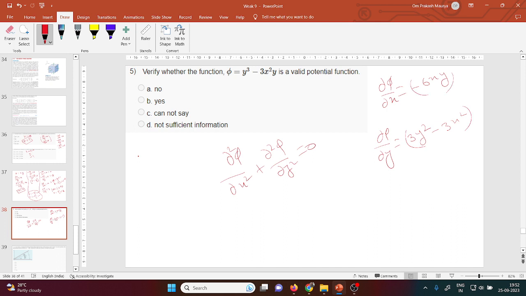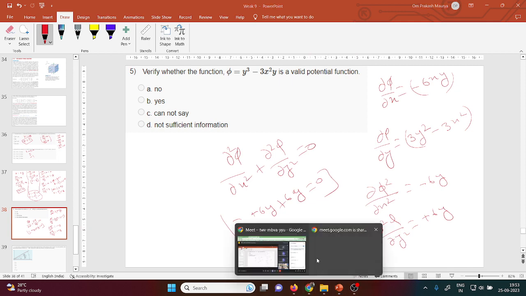And when you differentiate again, what will you get? Minus 6y. And if you differentiate the other one again, you will get plus 6y. So if you combine these things, minus 6y plus 6y is equal to 0. So it will be 0.